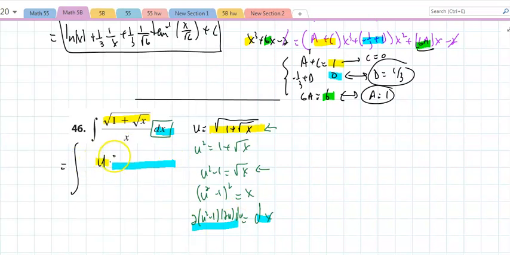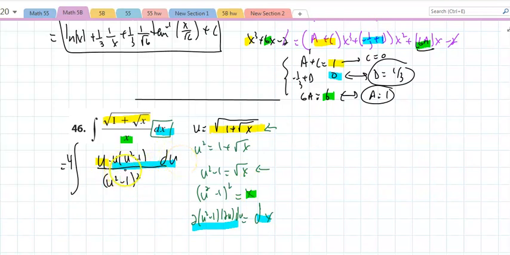Dx would be 2 times 2, so that's 4, times u into u squared minus 1. And x happened to be u squared minus 1 squared du. There it is.